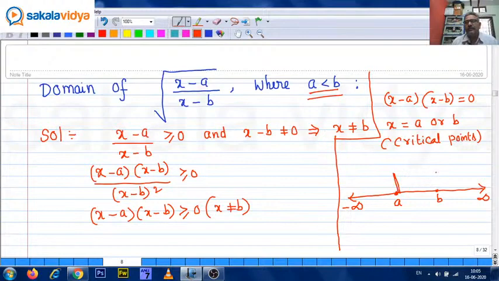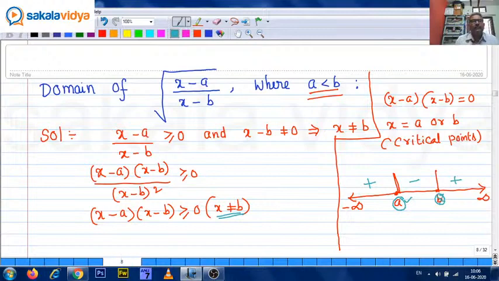You start with the sign from the right-hand side, plus. See the power of x minus b, 1, odd, so plus changes to minus. Now x minus a power is odd, changes to plus. Okay, we need the plus sign, but here, one thing: x does not equal b means b should not be considered. You remember like this. So this a is included in the interval.